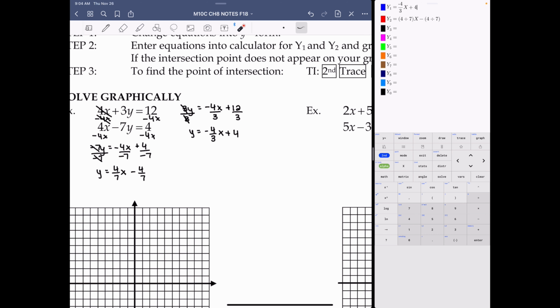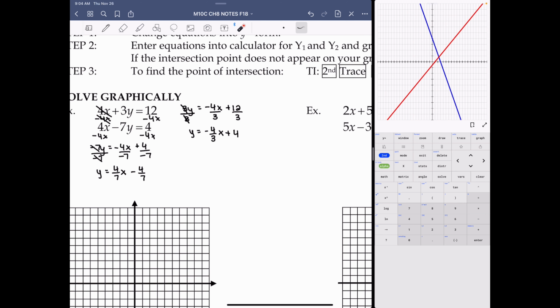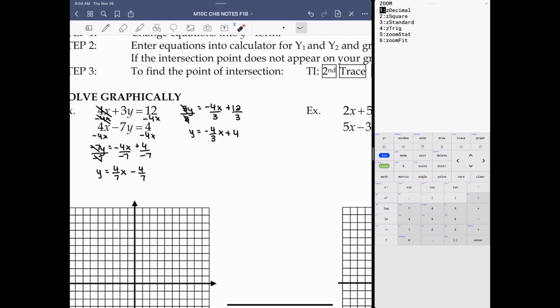Or, going back to my graph, you could hit zoom. And then there are options. You might use zoom standard, which takes us from -10 to +10 in the X direction and also in the Y direction. Or you might try zoom fit. If you can't see your intersection point and you've tried the standard window, maybe try zoom fit. In this case, standard's going to work.